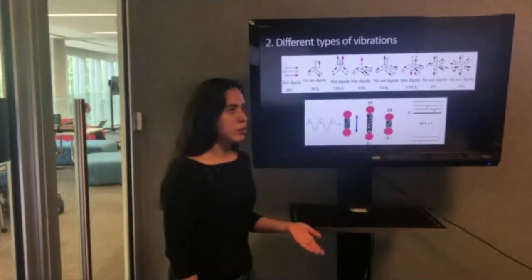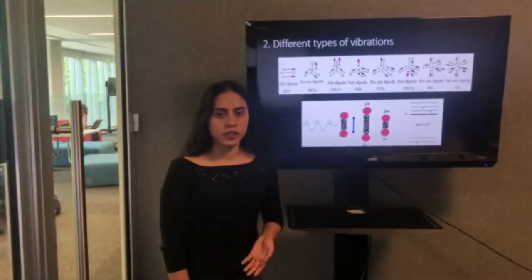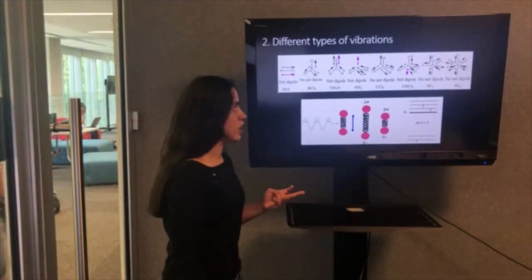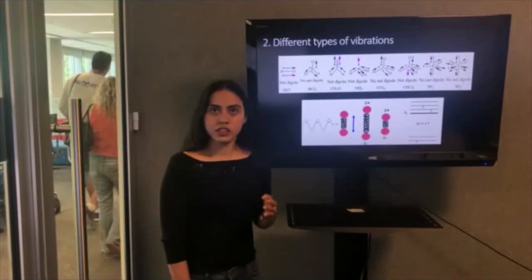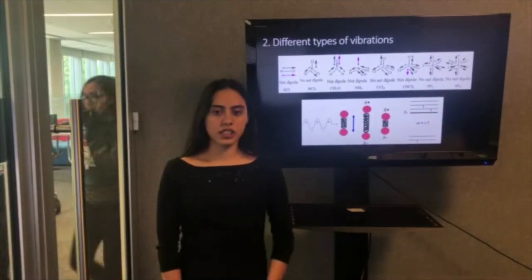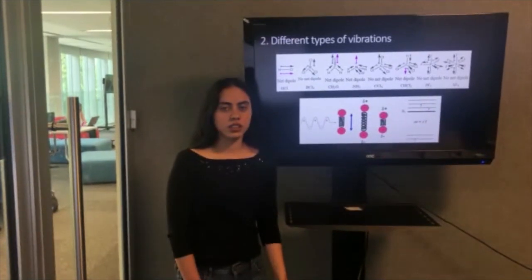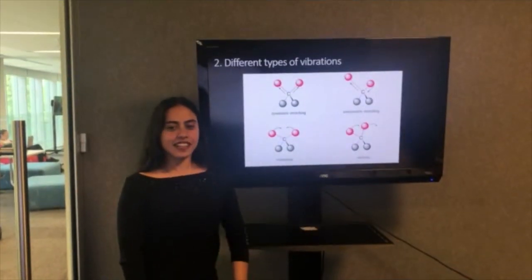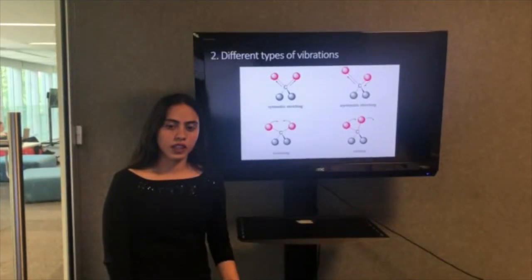This means that not all molecules give an infrared spectrum. For example, nitrogen and oxygen are not active in infrared because the vibration of their bonds does not change their dipole moment. There are two selection rules for infrared spectroscopy.